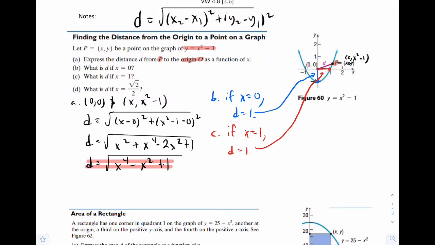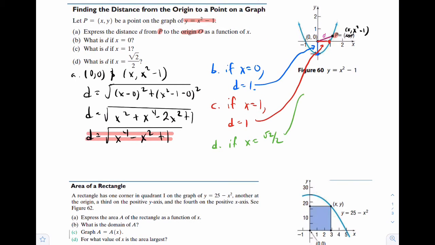Still harder one. D. If x equals root 2 over 2. So this is going to take a little bit of work. So we'll continue this over here. D equals, we're going to plug in root 2 over 2. So root 2 over 2 to the fourth minus root 2 over 2 squared plus 1.